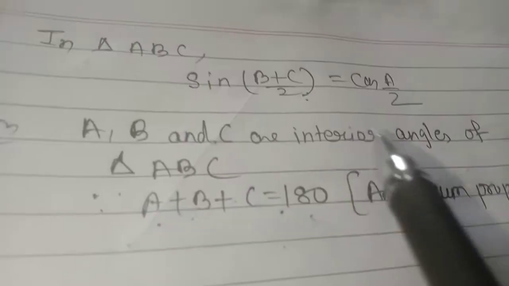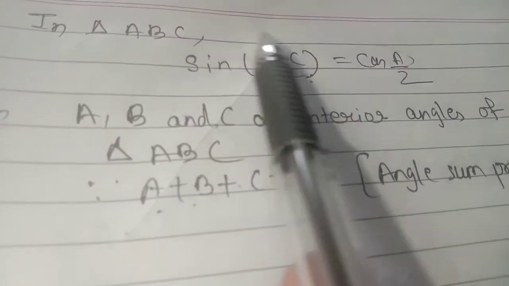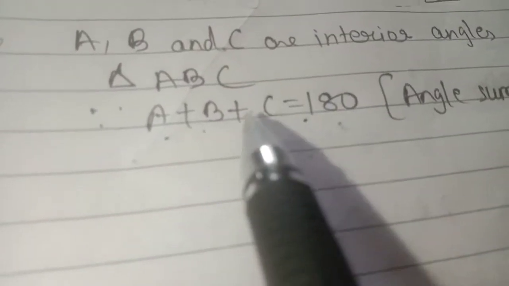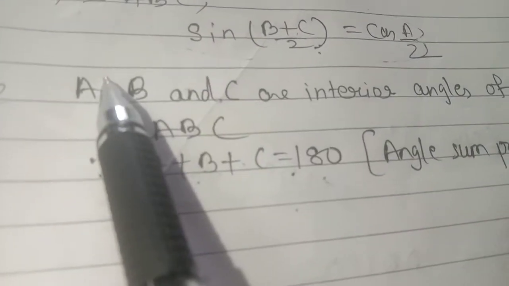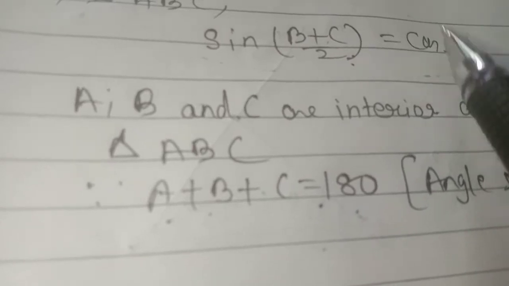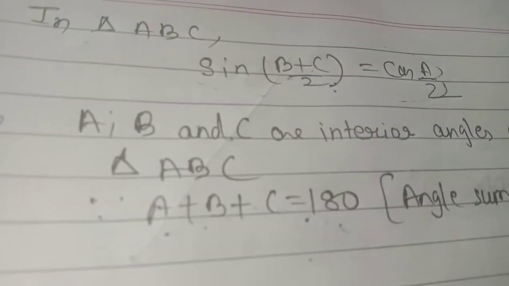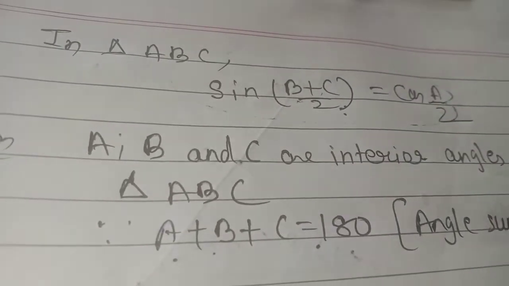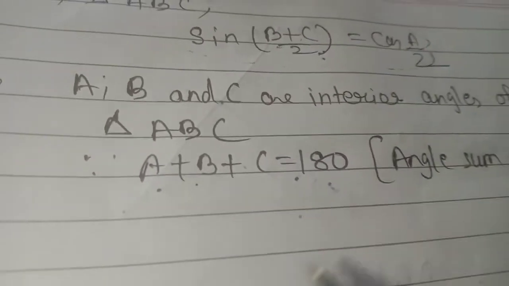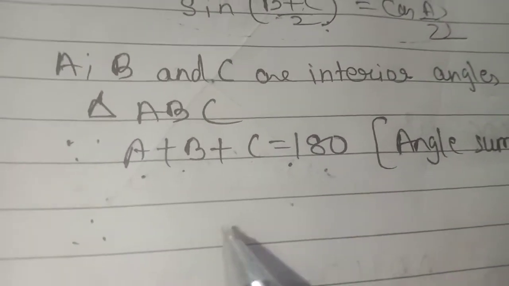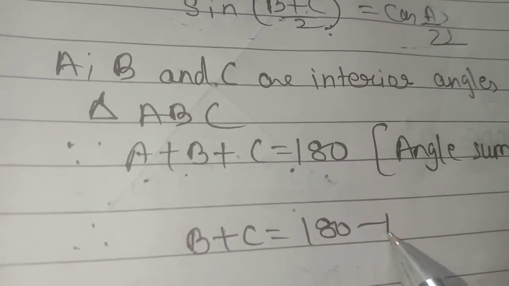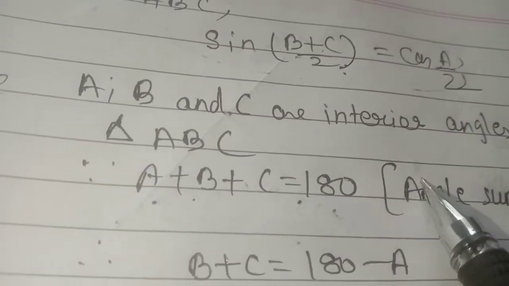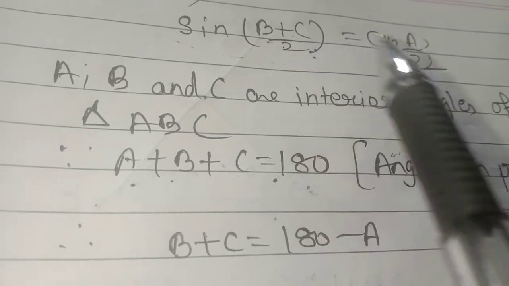Now always see what you have to prove. Follow the same procedure. You will automatically get the answer. We need B plus C towards the left side. Towards the right side we need A. This is what I am giving you as a hint, or the sequence of the question. Everything is given, you just have to follow the procedure. So I will write, therefore, B plus C is equal to 180 minus A. Clear? Now you can see upon 2 is here.